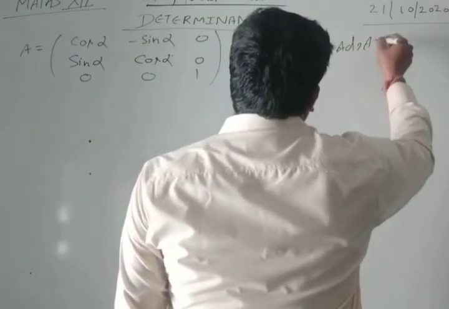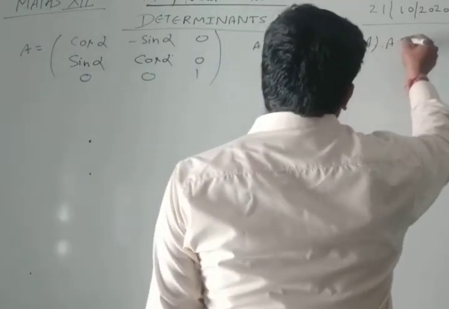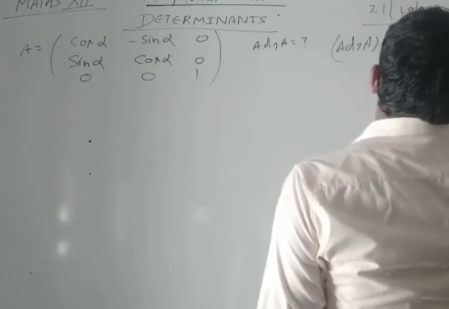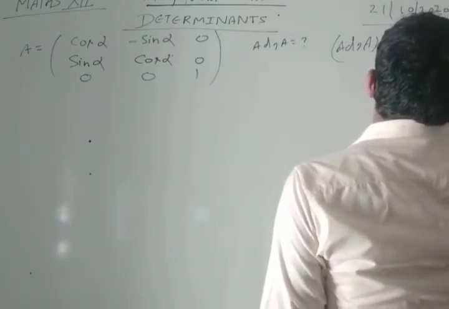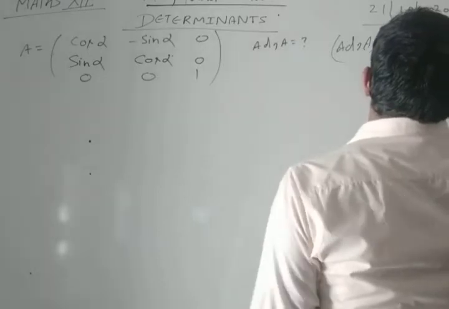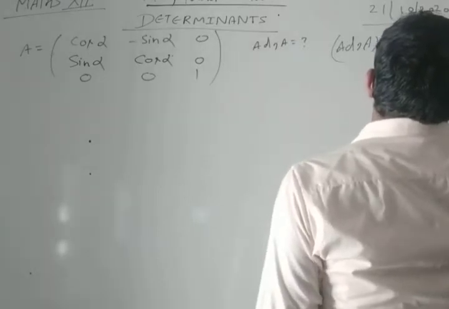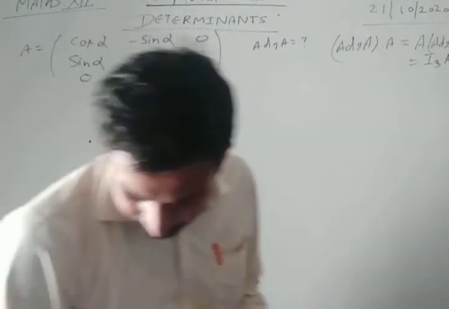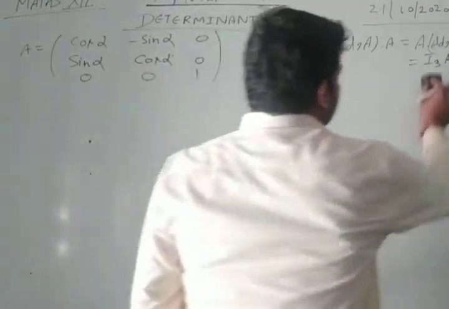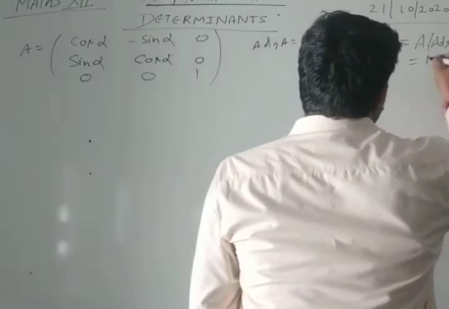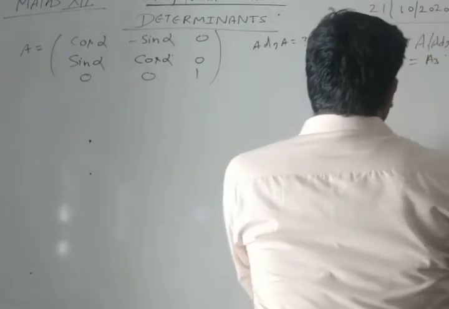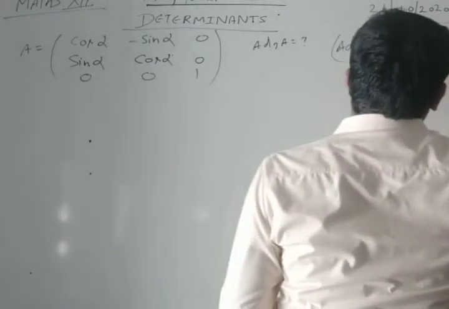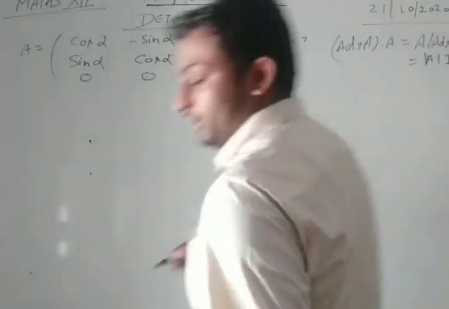Adjoint of A into A is equal to A into adjoint of A, which is equal to determinant of A times I3.